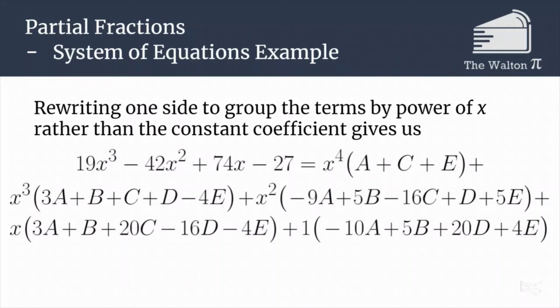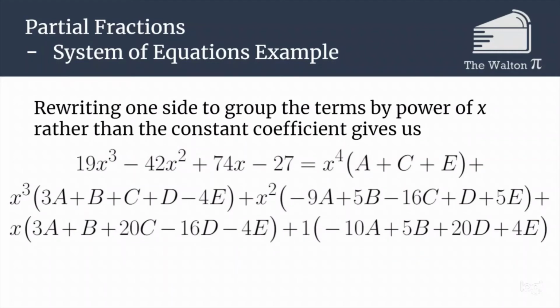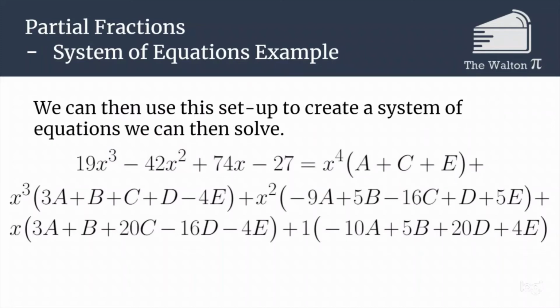For x cubed, we have a 3A, because in A we had a 3x cubed, and so on. So we are clumping them together according to the power of x: x to the 4ths, x cubeds, x squareds, x's, and the constants. Once we've clumped them all together that way, we are able to use that to set up our system of equations.